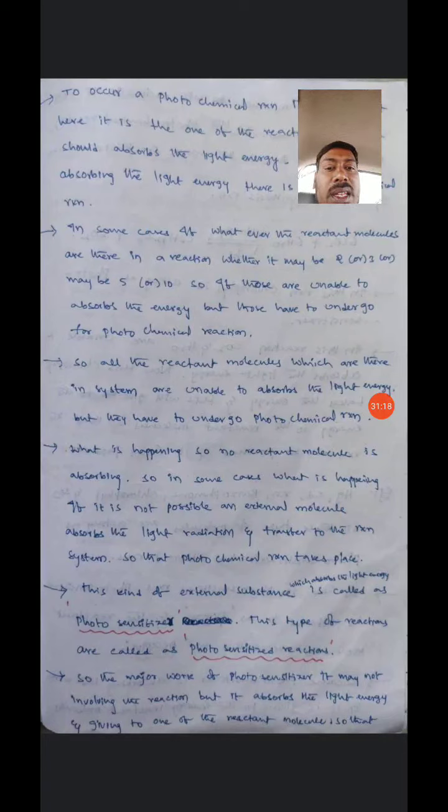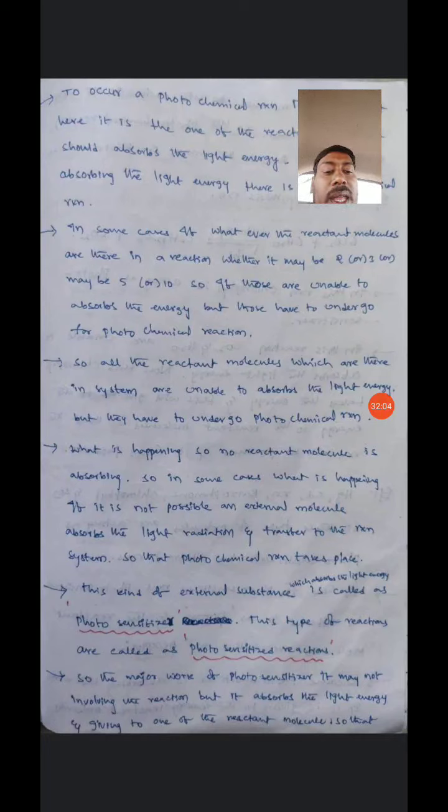For example, in some cases, whatever the reactant molecules in a reaction, whether 2R, 3R, maybe 5 or 10, they are unable to absorb the light energy, but they have to undergo a photochemical reaction.